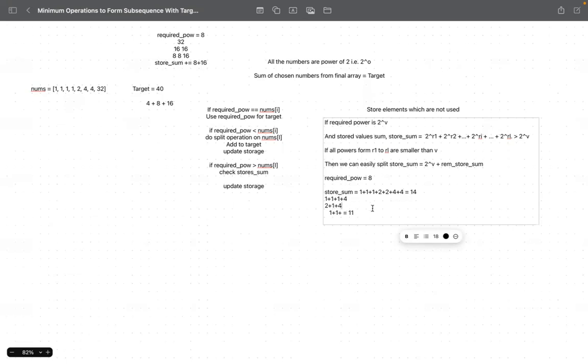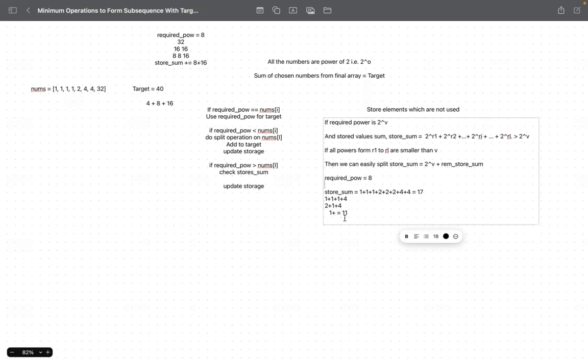Okay, and in this case, if you are doing 1 plus, it's not 14, it's 15. Okay, in this case, if you are doing something like not 8, okay, let's make it 17 only. Just one more.